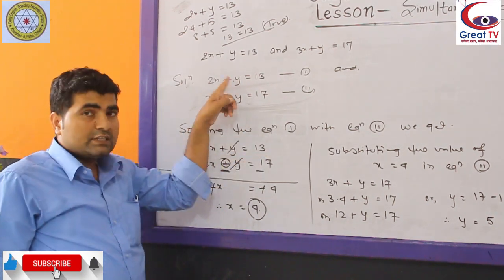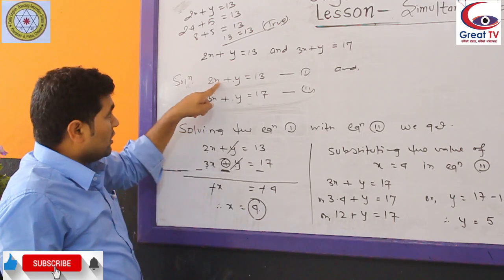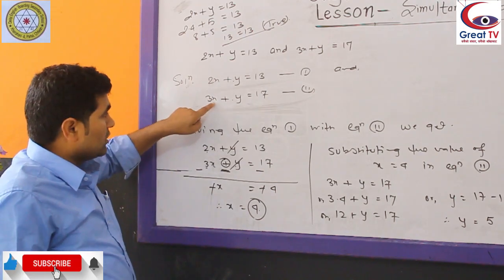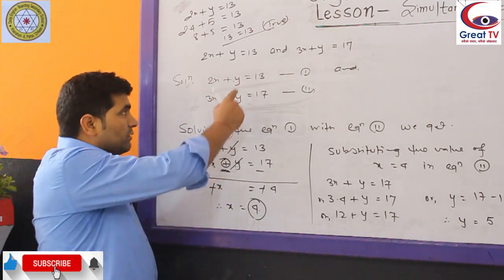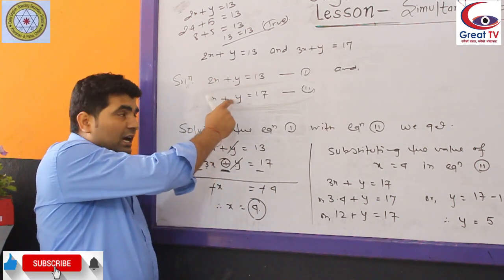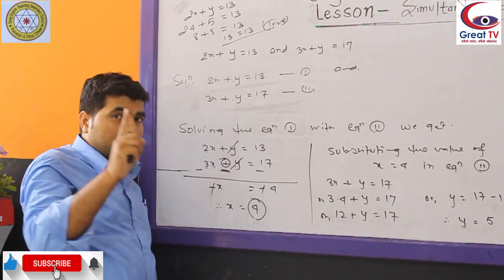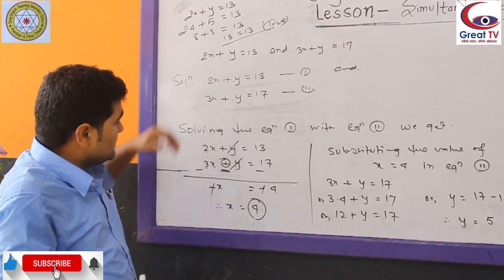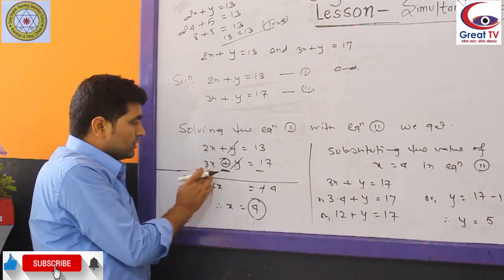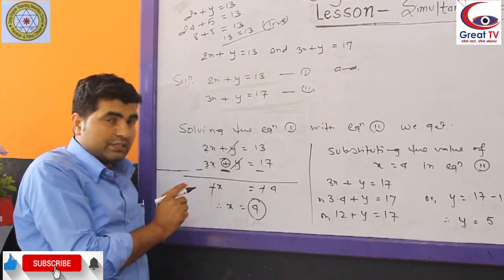First, look at the coefficient of the variables. Here coefficient of x equal to 2, here coefficient of x equal to 3. That is not the same. But the coefficients of y are the same. Try to make the coefficient of only one variable the same.